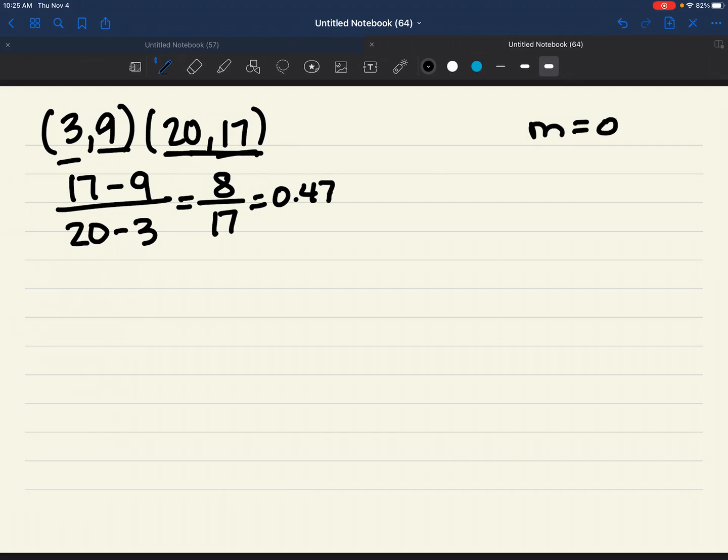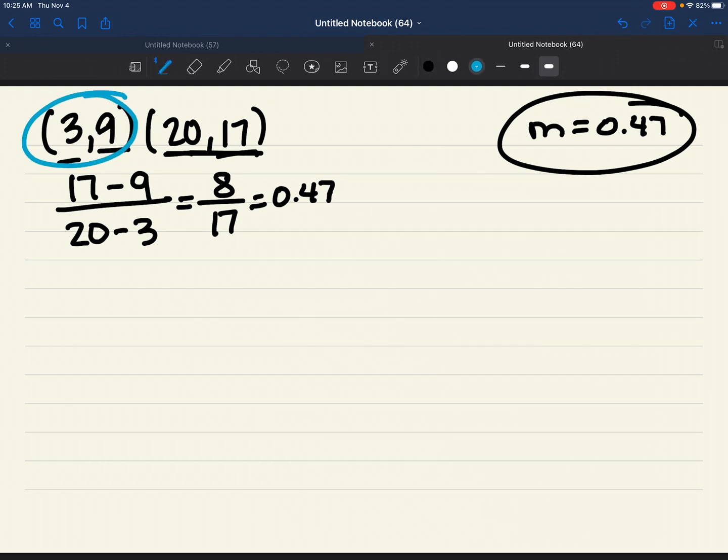I'm going to write that over here to the side, because I'm going to use that later. What other thing do I need to write an equation in slope-intercept form? Y-intercept. Which ordered pair do you want to use? 3, 9. That'd be a good choice. Okay? All right. Now what am I doing? 9 equals 0.47 times x. What is my x? 3.